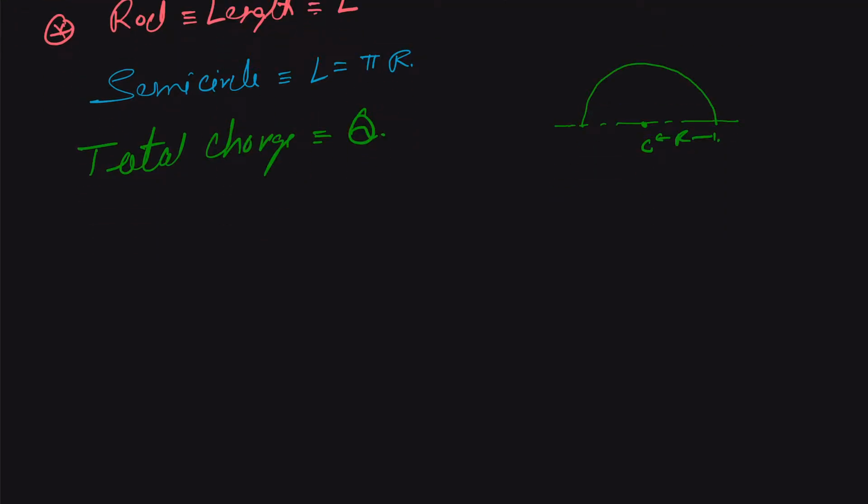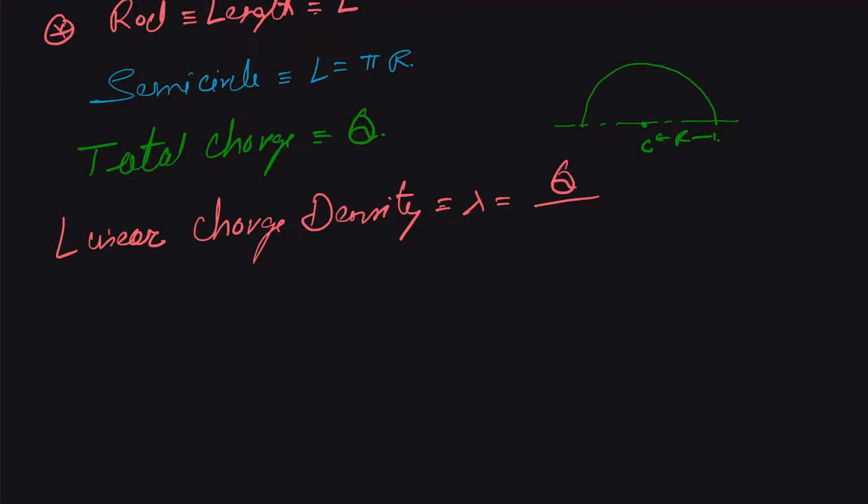Therefore we can easily find out the linear charge density, lambda. Lambda will be equal to the total charge divided by pi r, that is our length.